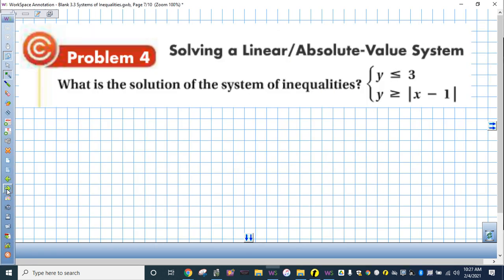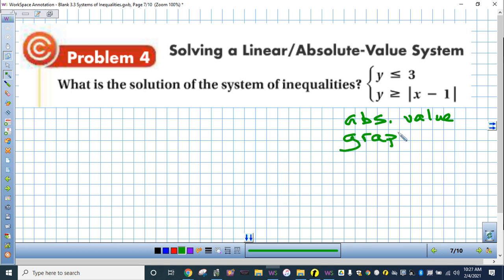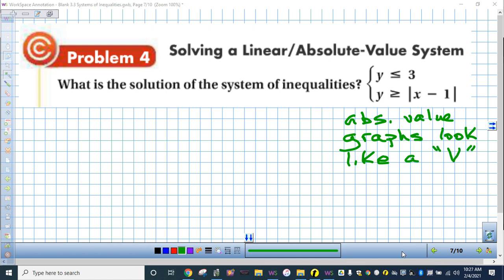That was done. Okay, so now we're graphing a line and an absolute value. Remember, absolute value graphs look like a V. You've got to have that V shape when you graph these things.